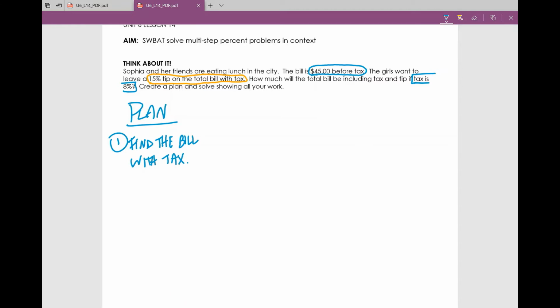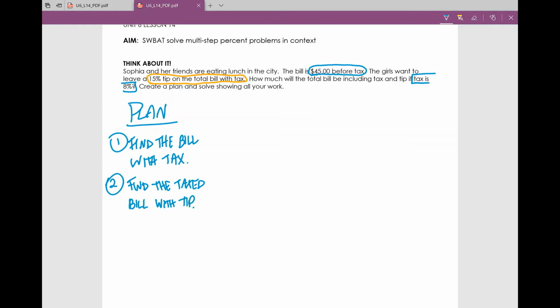We're going to calculate that. And then after we do that, we can then put that 15% tip on there. So find the taxed bill with tip.